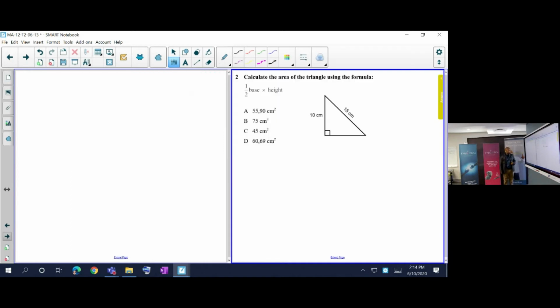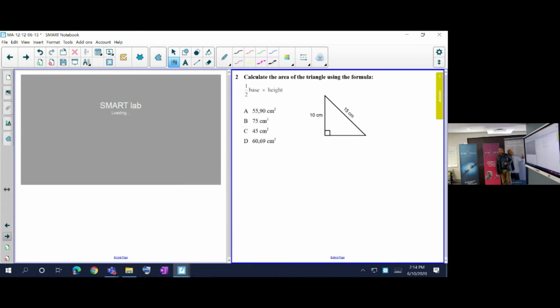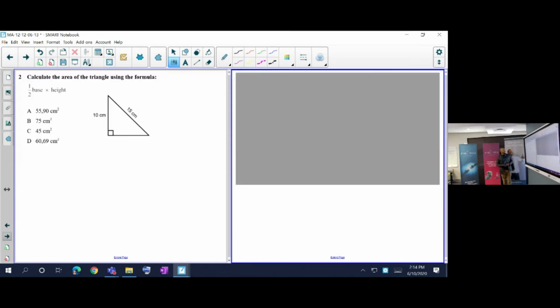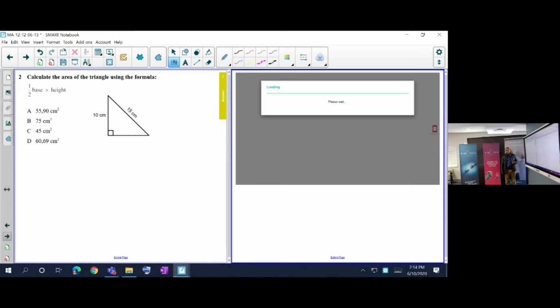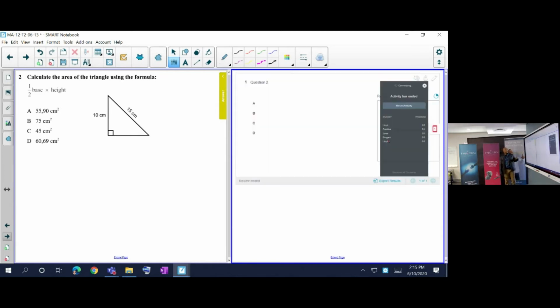Okay, there is another question. In this question, you are supposed to calculate the area of the triangle using the formula half base times height. So this is like back to your original mathematics where you're using half base times height, which we are still using.